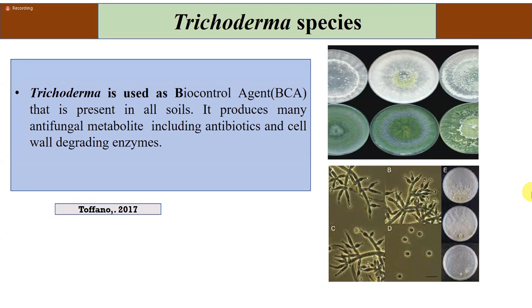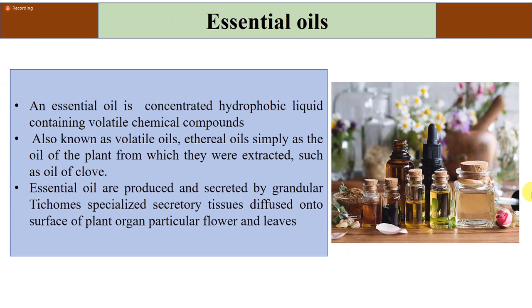How can we say that? If Trichoderma is a fungus, it produces some kind of antibiotic, trichodil, and cell wall degrading enzymes that are involved in it, and they suppress the pathogen, minimize the disease losses and the incidence. So this is a little bit of information about them.